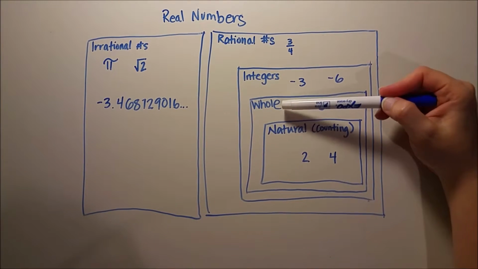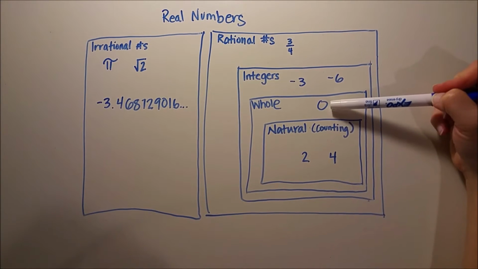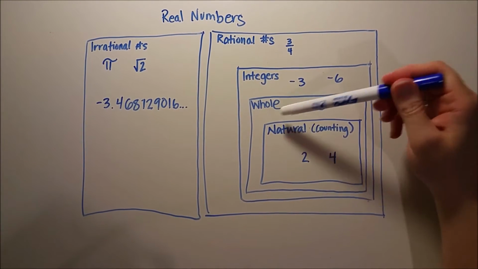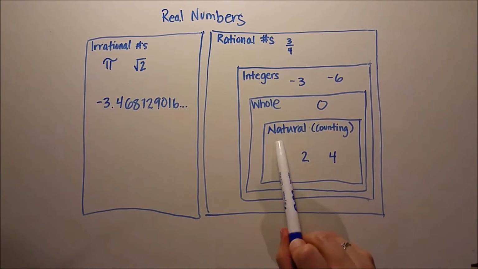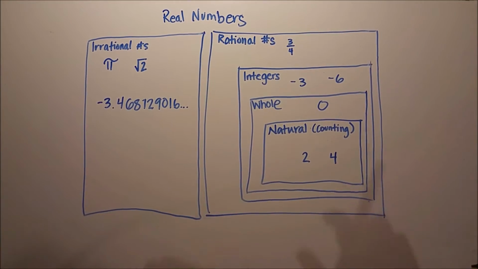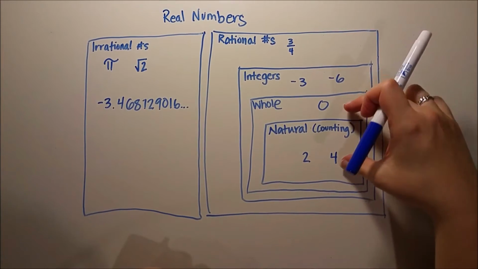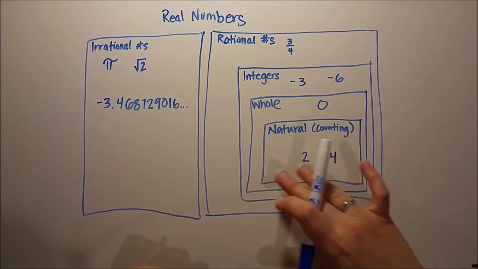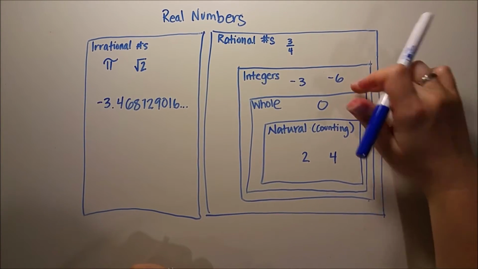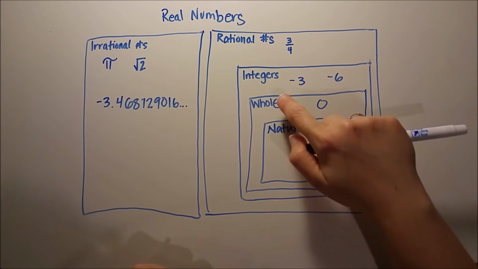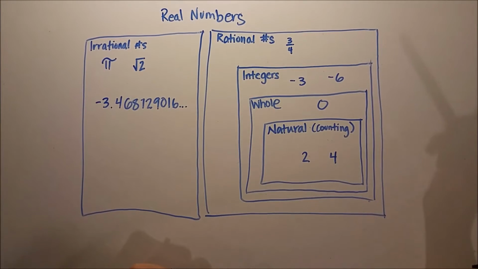It's the same as these, but when we count, we don't start with 0. So 0 belongs in the whole number group, but all of the other numbers in the whole number group belong in this natural group also. So all of your natural numbers are whole numbers. That's why that's inside this box. All of your whole numbers and natural numbers are integers. That's why they're inside this box. And all of your integers, whole numbers, and naturals, those are all rational numbers.